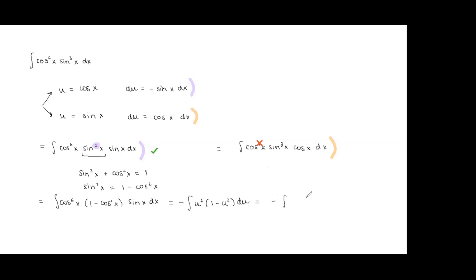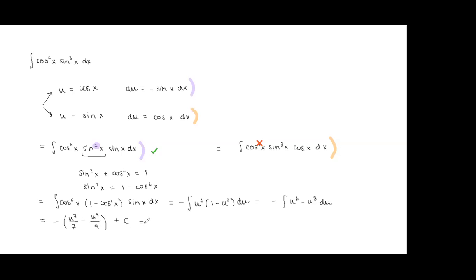So I'll have minus the integral of u to the 6 minus u to the 8 with respect to u. Then this will become minus, the integral of u to the 6 is u to the 7 over 7, minus the integral of u to the 8 is u to the 9 over 9, plus c.